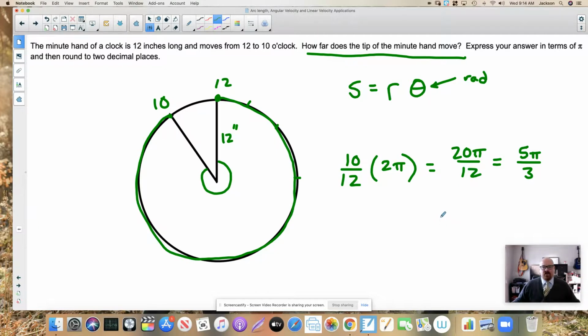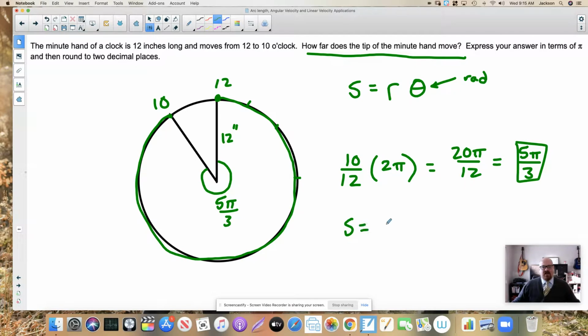I think so. Hold on. Why isn't my brain working properly? 5 pi over 3. Yeah, I think that's right. Forgive me if it's not. So this is the measure of this central angle, 5 pi over 3, that this minute hand passes through.